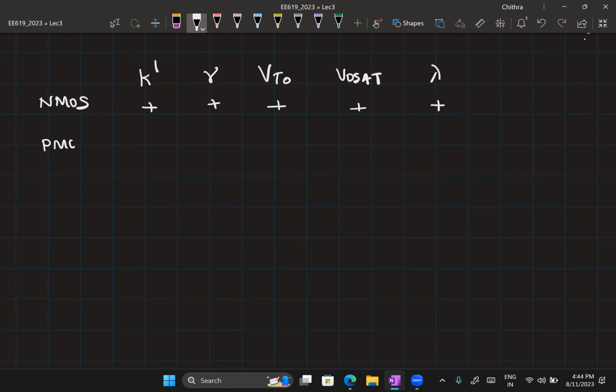It turns out for a PMOS transistor, all of these are negative values. So K prime is basically mu_p C_ox. Physically, it doesn't make sense for it to be negative, but the current is conventionally defined as IDS. So the drain to source current is now negative in a PMOS. Therefore, in the simulation tools, K prime is negative for PMOS.